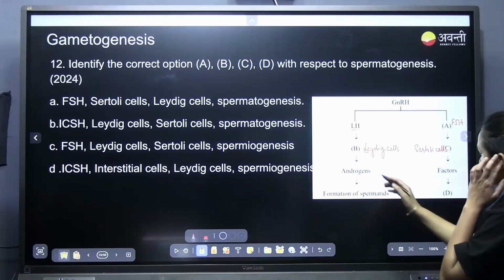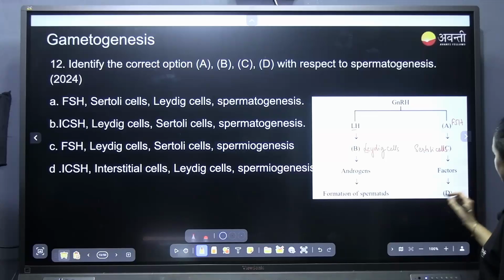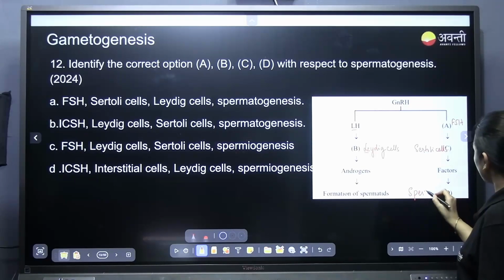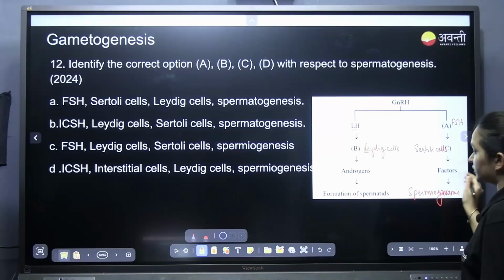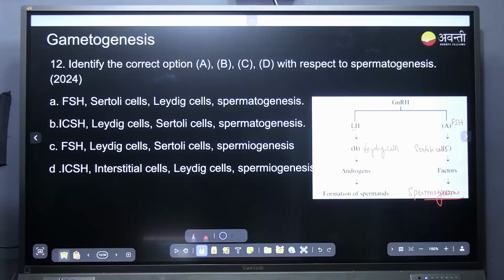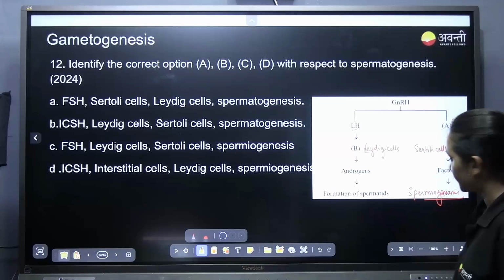This is spermiogenesis. We know the difference between spermatogenesis and spermiogenesis, right?